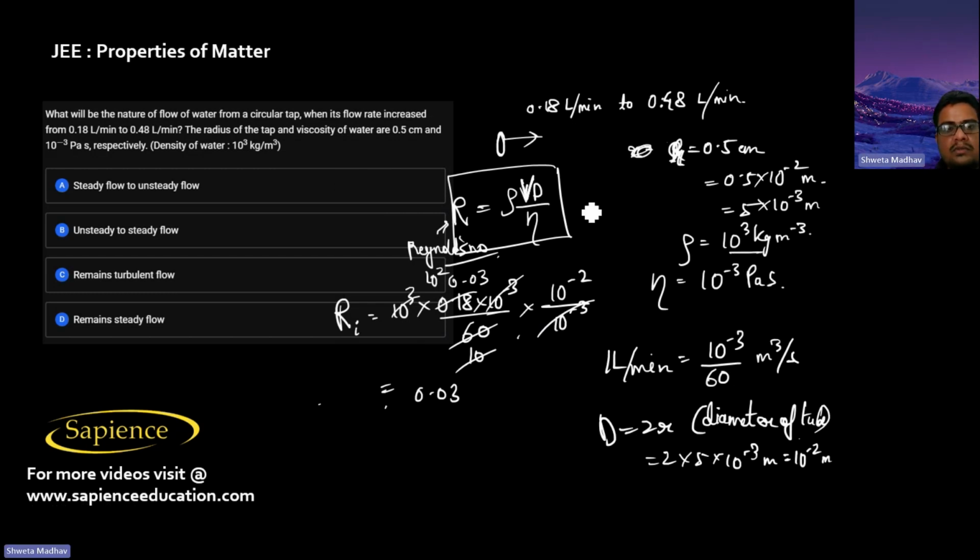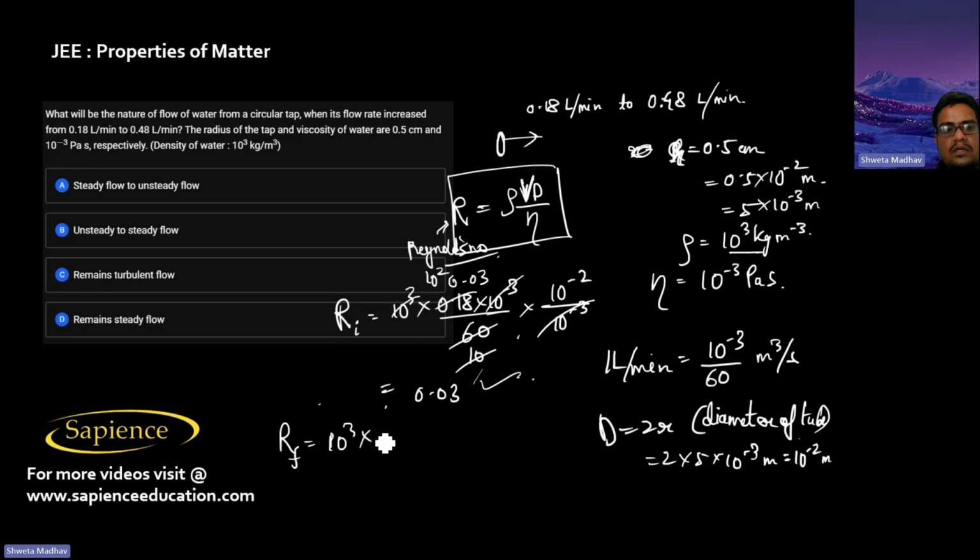Rho is 10 power 3 kg per meter cube. V is 0.18 into 10 power minus 3 by 60, into d, that is 10 power minus 2, which is 5 centimeters. 6 6s, 3 by 18, 0.03. 10 power minus 3 is there, 10 power minus 2 will get cancelled. So this will become 0.03 only.